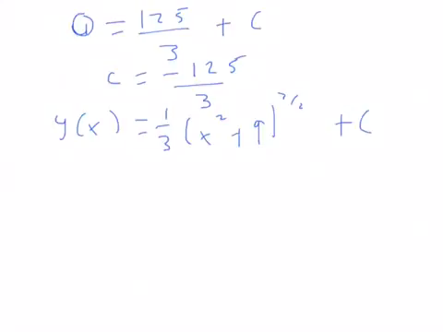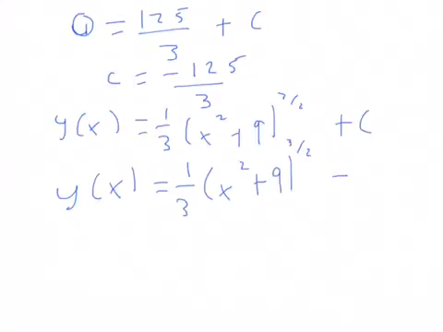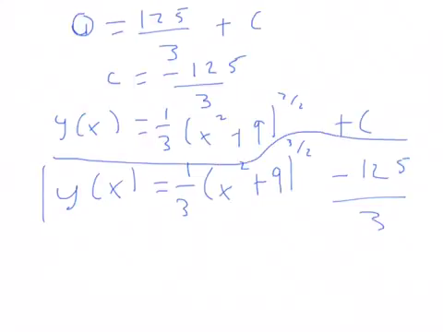So now we just have to plug in c. So now our final answer is 1/3 times x squared plus 9 to the 3/2 minus 125 over 3. So this whole thing is your answer. And that's it.